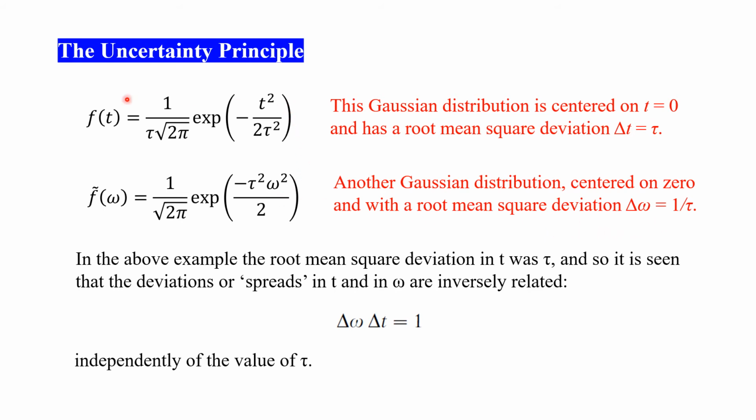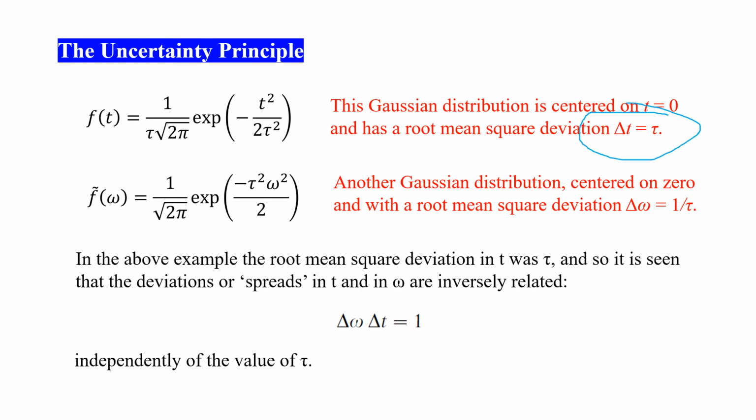So from your normalized Gaussian distribution, we found the Fourier transform, which is still another Gaussian distribution. And in the above example, the root mean square deviation in t was tau, as you can see here.